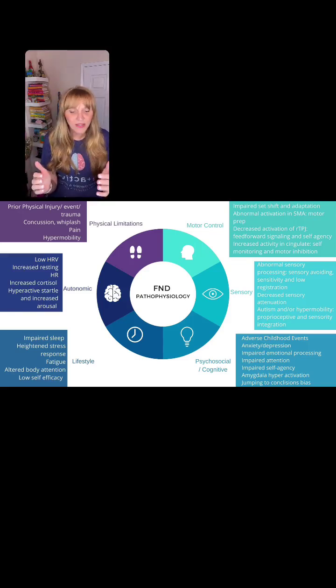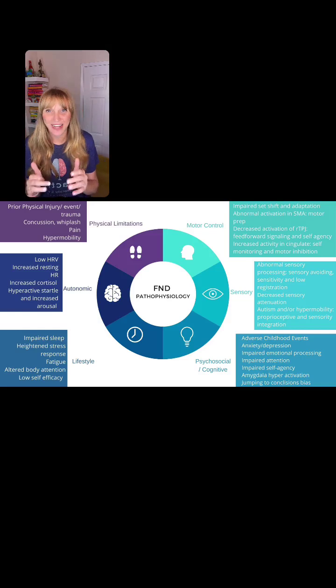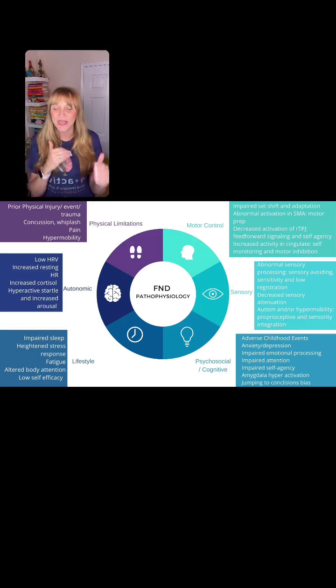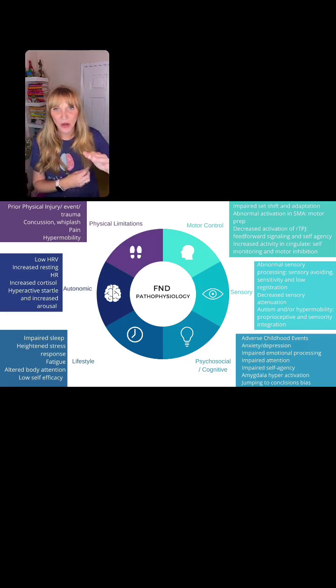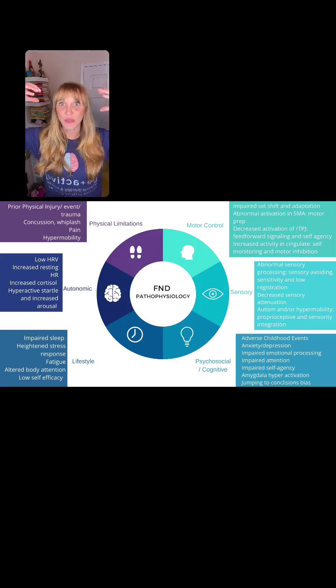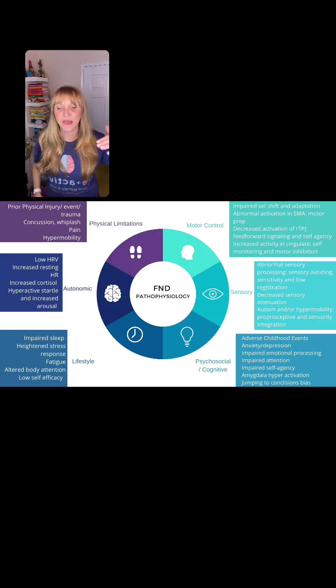And folks, the brain works together. It works in networks, it works in pieces, talking to each other, and we need to address all of those pieces together. Okay, so motor control, physical limitations, we got the top two pieces of the pie. Let's go to the sensory piece of the pie.